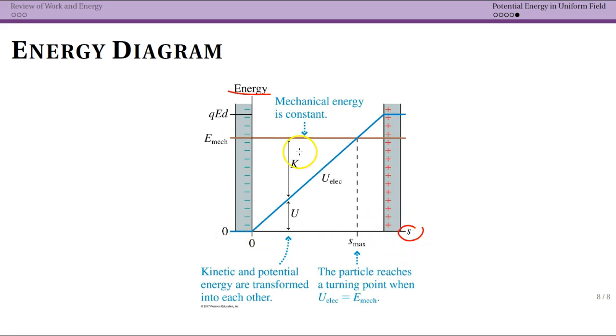Note that in this scenario, we are also showing our parallel plate capacitor, just so that this position really makes sense. So when you have these two lines, this mechanical energy is about your system. So that has something to do with your starting values of, for instance, where you let your object go, or the speed that it has at the beginning, or both. So this is specific about your object and its initial parameters.